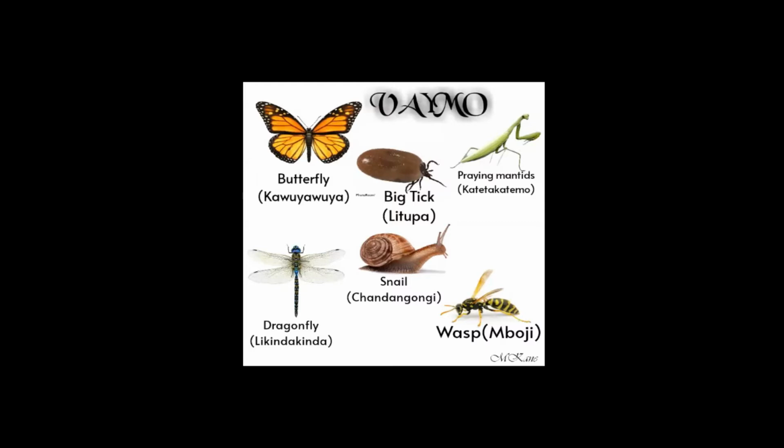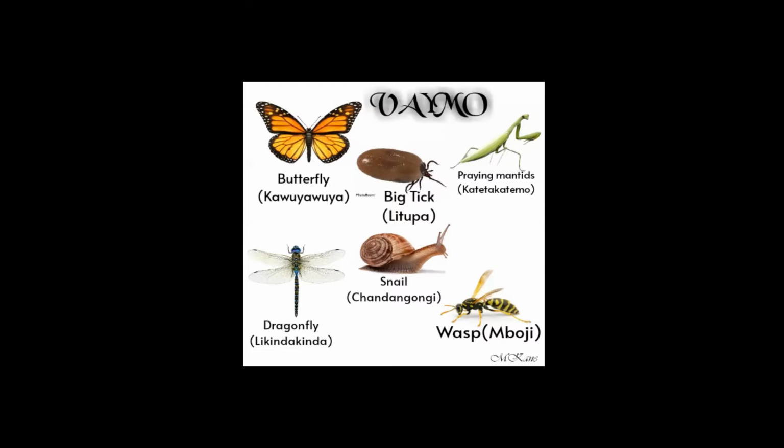Madam Chilombo, please help us to type that. Kauya as one; if it's two plus, it's uya as butterflies. Thank you, Madam Chilombo.